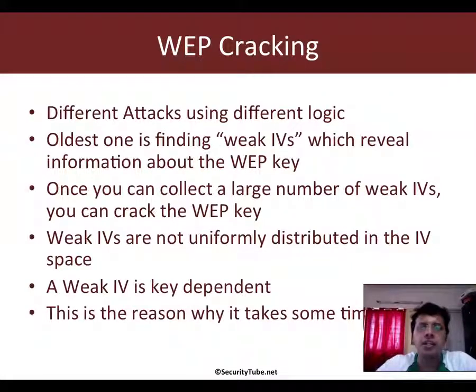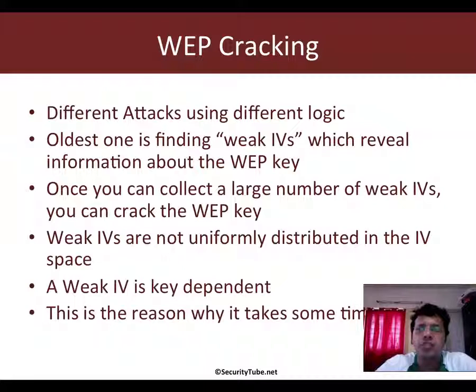So there are different attacks which have slightly different logic, and if I want to narrow it down and put it in very simple words, the whole idea behind WEP cracking is to find what is called a weak IV, or weak initialization vector. Now, what is that?